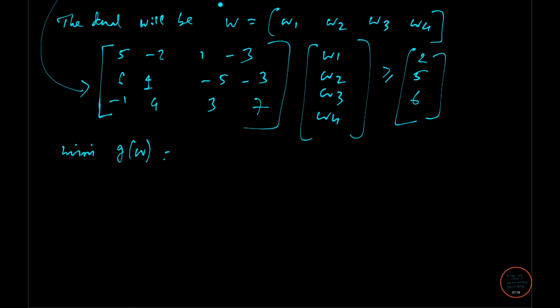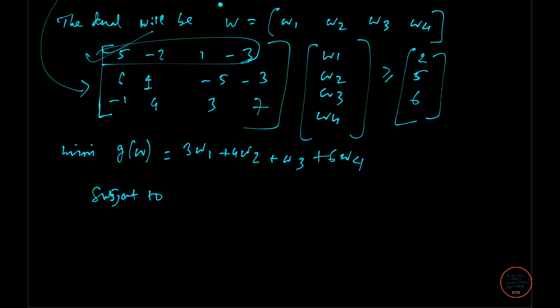G of W equal to 3W1 plus 4W2 plus W3 plus 6W4, subject to a formation will be with respect to this one and row wise.